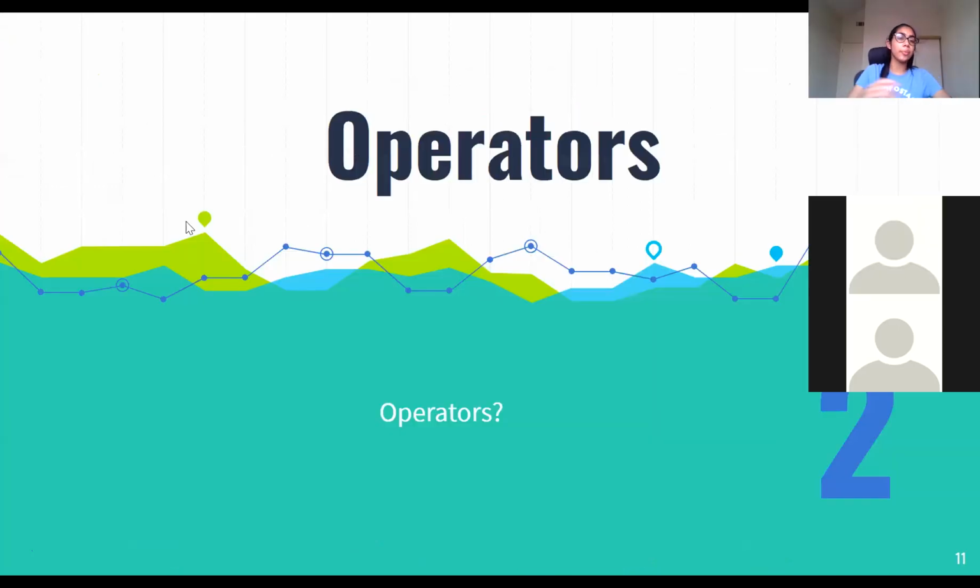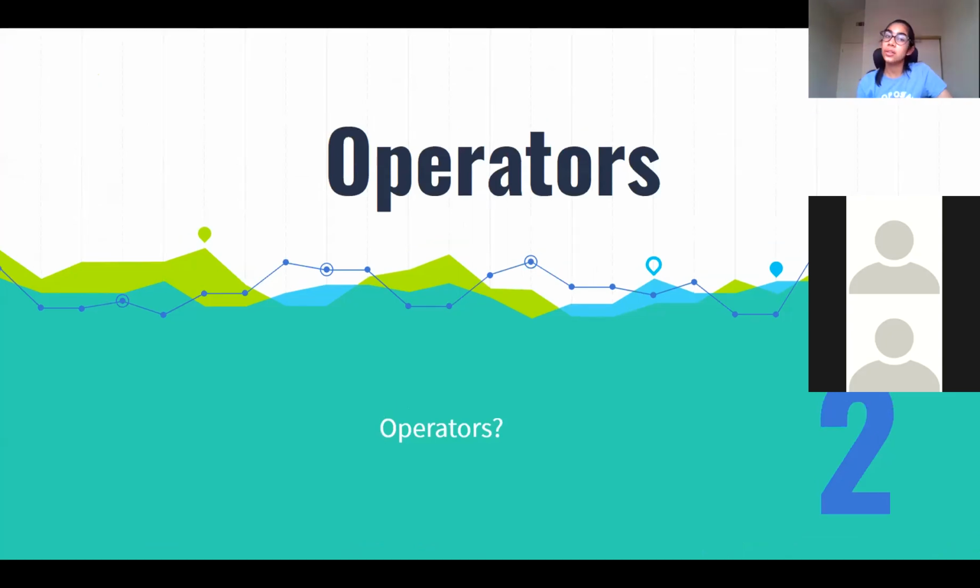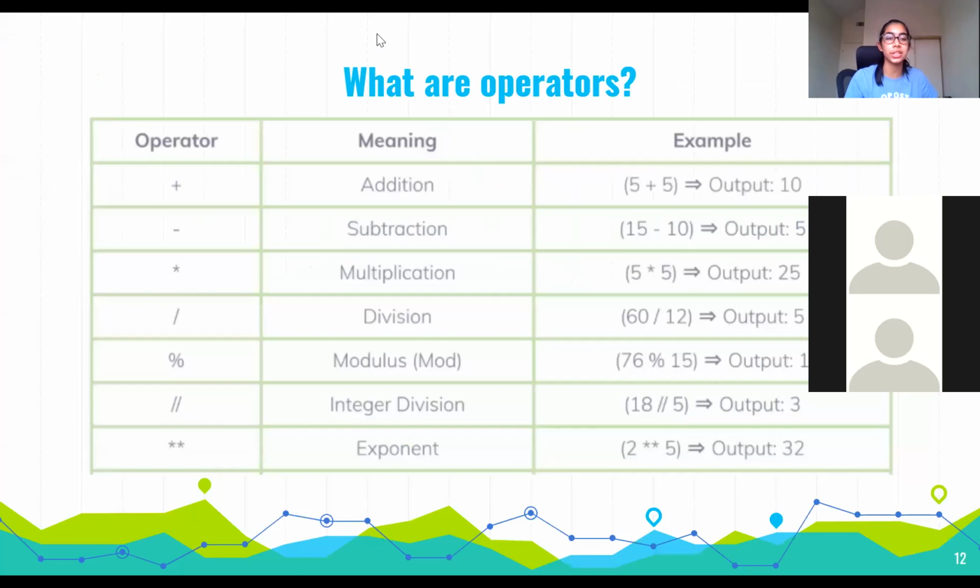So next up, operators. Can anybody tell me what they think operators are? All right, let's go into what operators are. Operators are like math operations, like addition, subtraction, division, multiplication, and everything that happens.